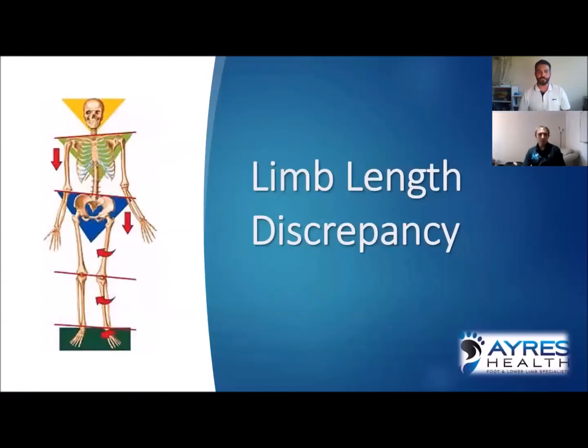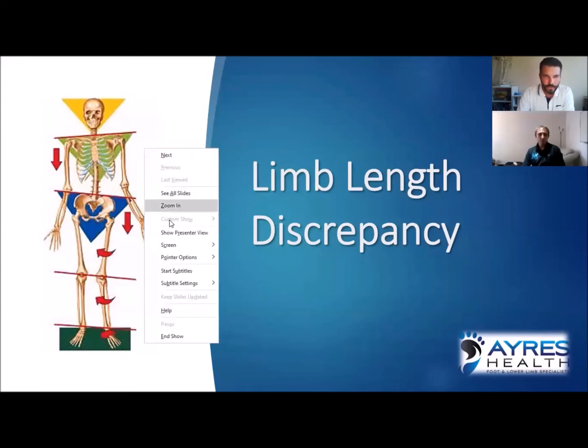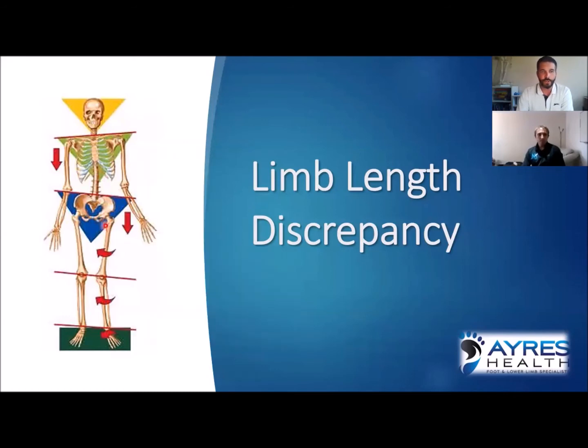So limb length discrepancy. This is what people seem to think we look like with a limb length discrepancy. People start thinking that you've got one limb shorter, therefore your pelvis goes out to the side, your leg turns in, your foot pronates on the long side, or you hold the short foot into a supinated position, and then the pelvis goes squiggly too. Quite frankly, I'm not too convinced on a lot of those things.